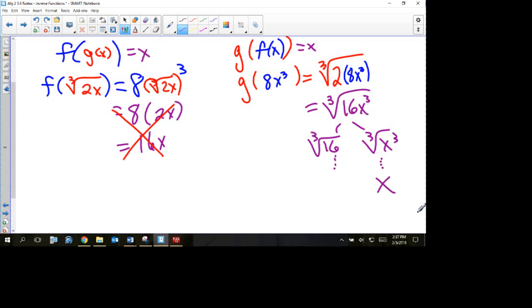Is this going to give me something other than the number 1? Is the cube root of 16 something other than 1? Because this has to equal x. Is it going to equal x? It's not. This is actually going to equal 2 cube root 2, so 2x cube root 2. I did that really fast, but you can see that it does not equal, so these are not inverses.